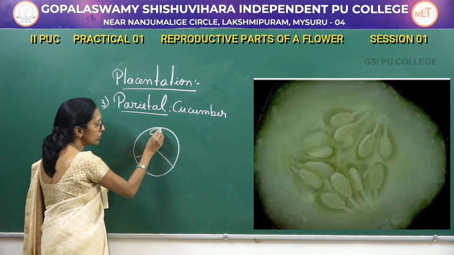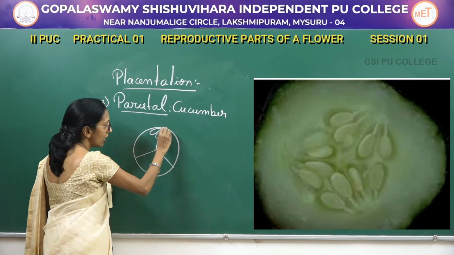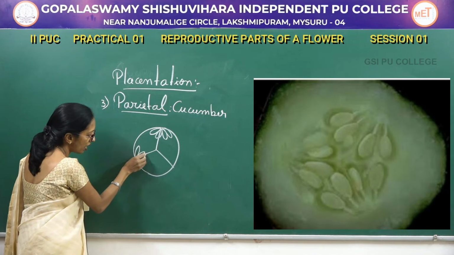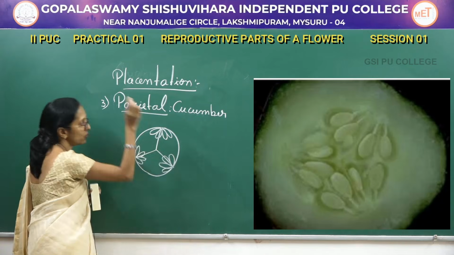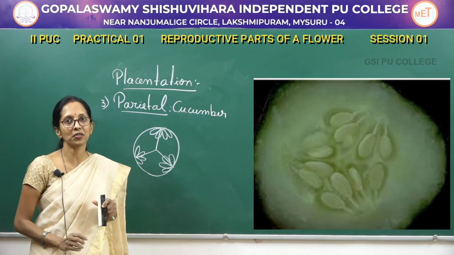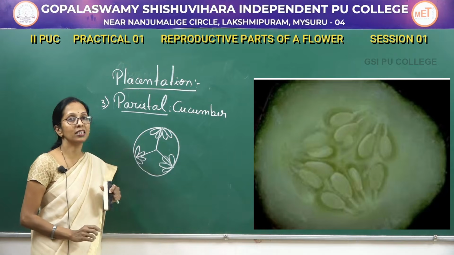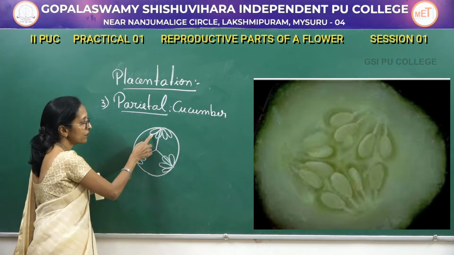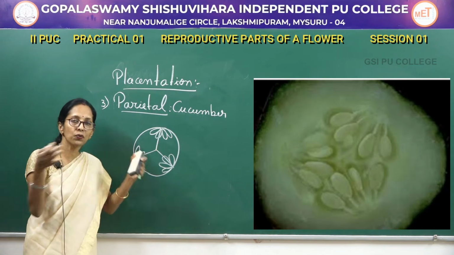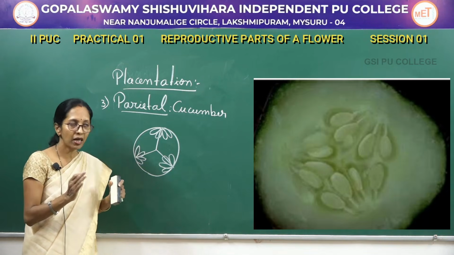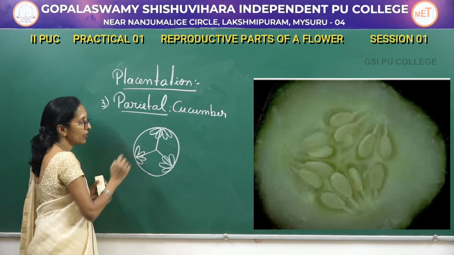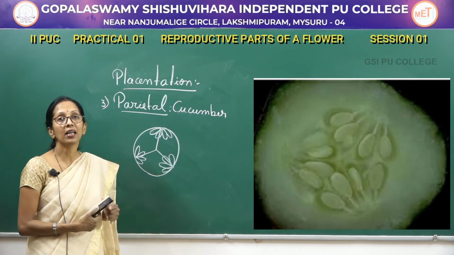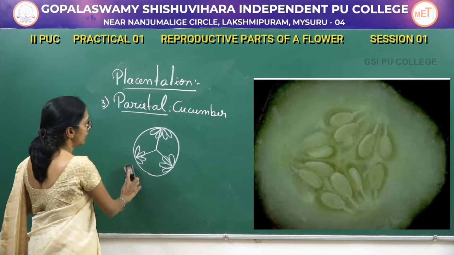The ovules are present at the fused margin like this, towards the periphery. Therefore, it is parietal placentation. You can see in this picture that the ovules are present towards the periphery, but attached to the fused margin of the carpel. Therefore, it is parietal placentation.